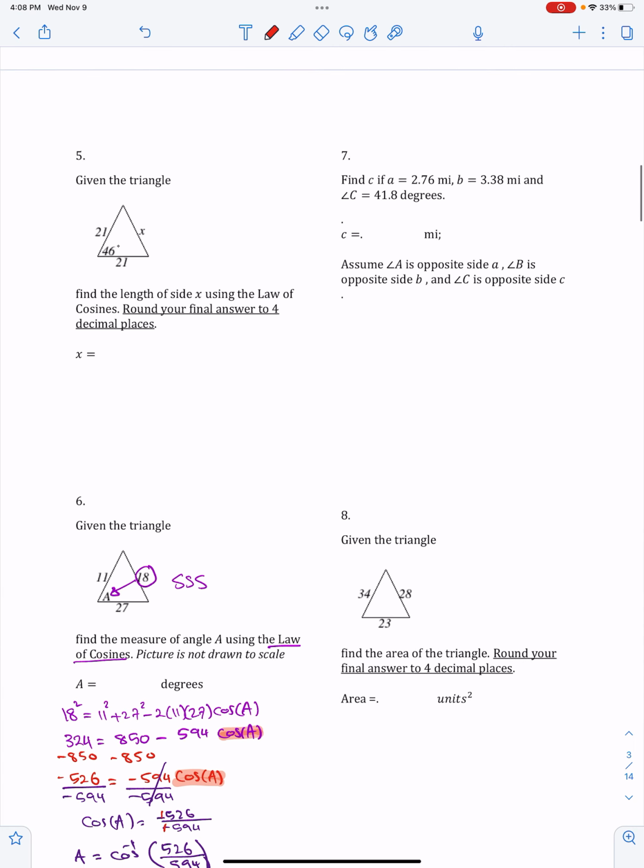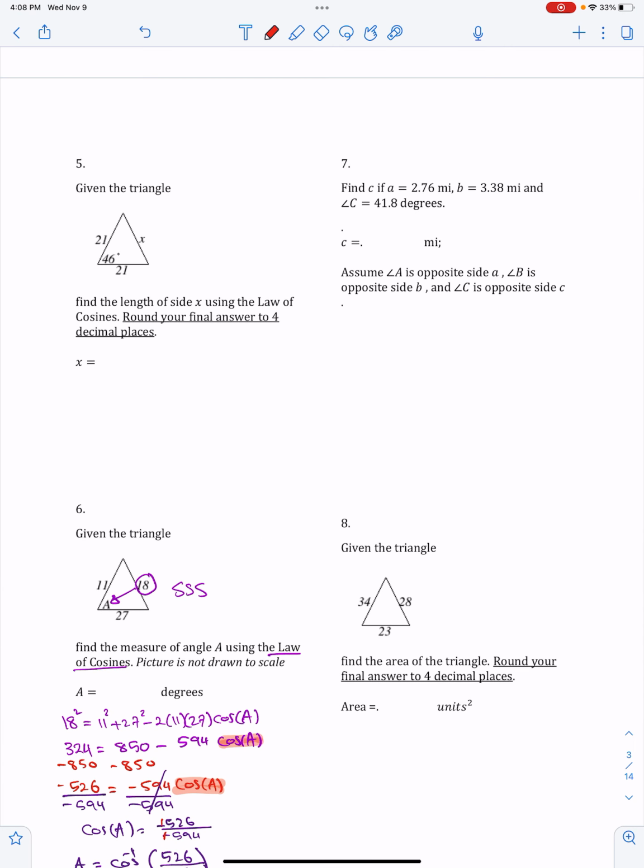Question number 7. You have the triangle that has side A equal to 2.76 miles, B is equal to 3.38 miles, and angle C is equal to 41.8 degrees. We need to find side C in miles. So I'm going to just sketch the triangle really quick here.